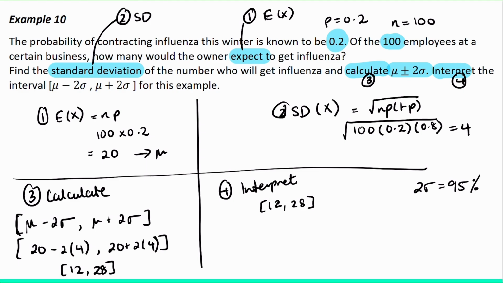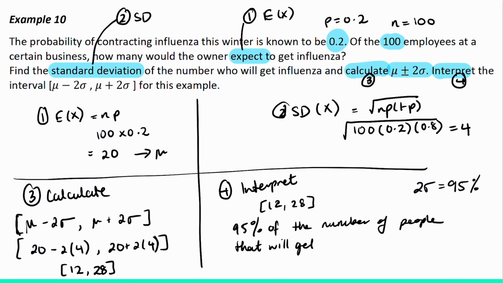So that would mean that 95% of the number of people that will get influenza will be between 12 to 28 people.